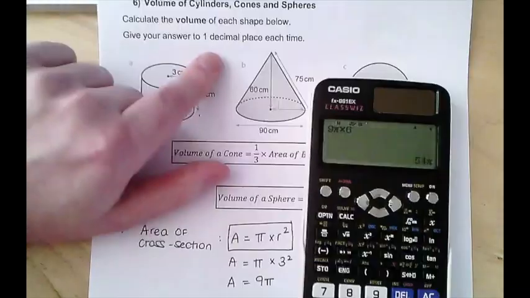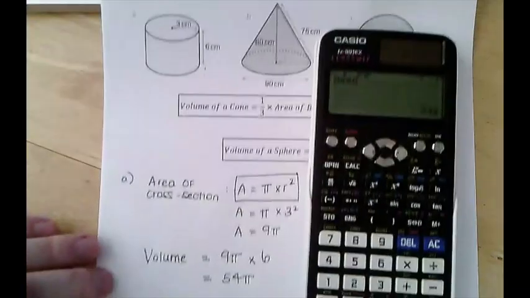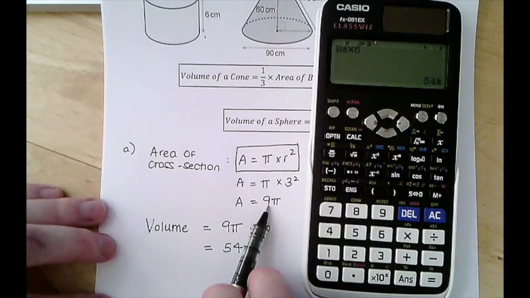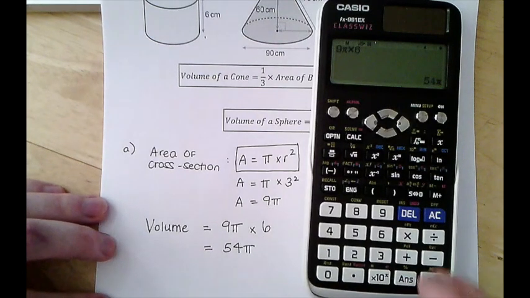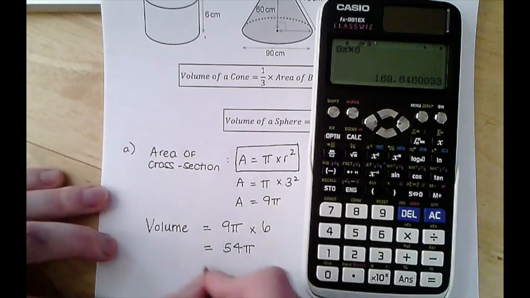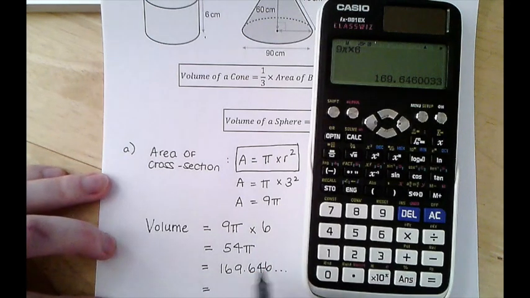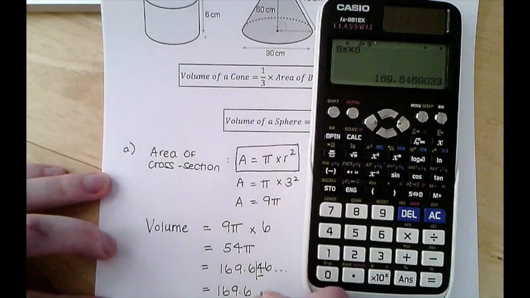The question says to 1 decimal place. This is why we didn't round earlier, because if we did, our answer is already inaccurate. That gives me 169.646 and so on. Now to 1 decimal place, 4 rounds down, so 169.6 centimetres cubed volume.